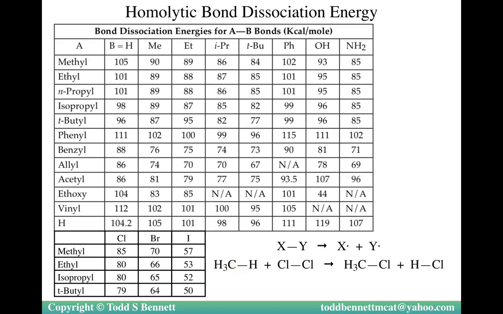Cl-Cl I can't read here, but I can read methyl Cl. So that's an 85. So 105, 85. HCl is not listed in the table, Cl2 is not listed, so I'm going to have to get them from outside resources. But 105 there and 85 there. And then if you happen to know, this is 57, same units, kcals per mole, and 103.